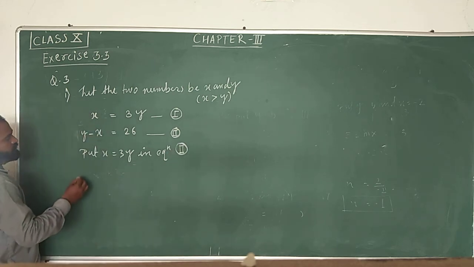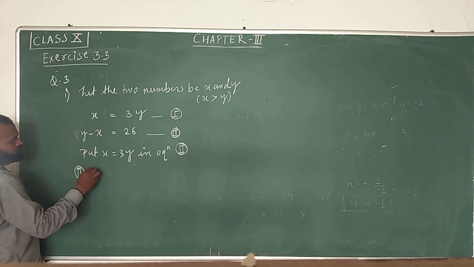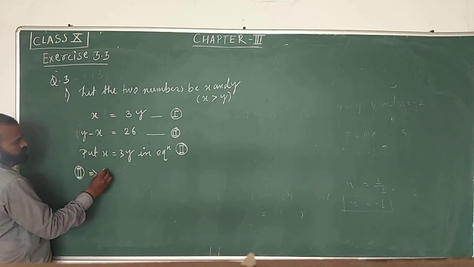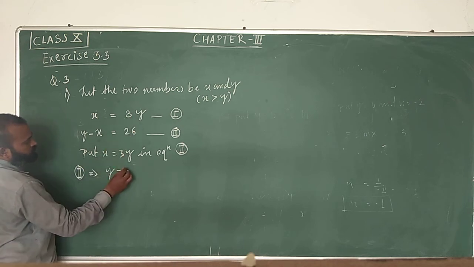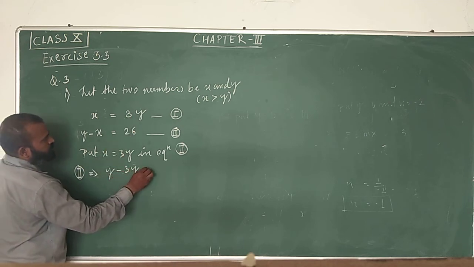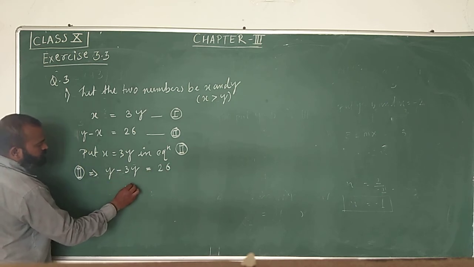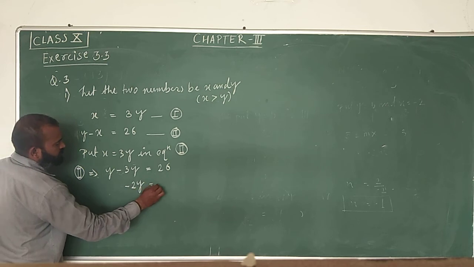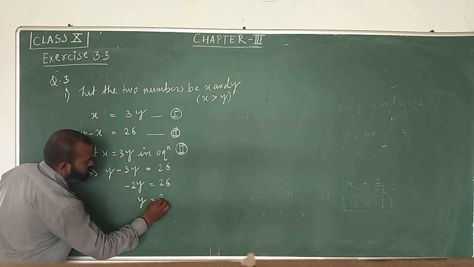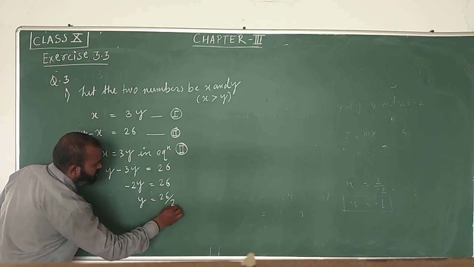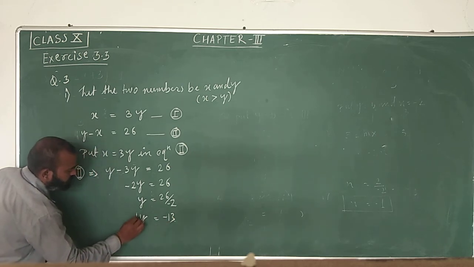So equation 2 implies x minus y, putting x equals 3y, equals 26. It is 2y equals 26. So y will be equal to 26 upon 2, therefore y equals 13.